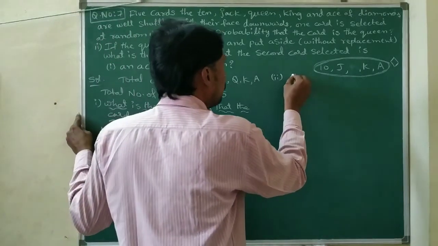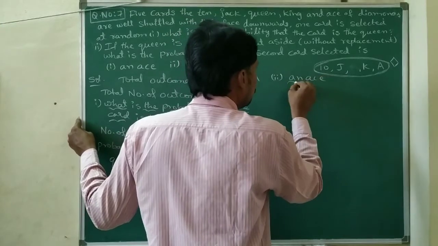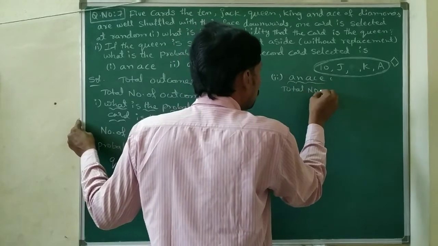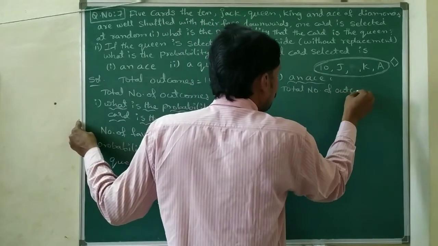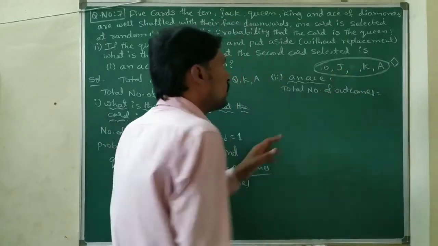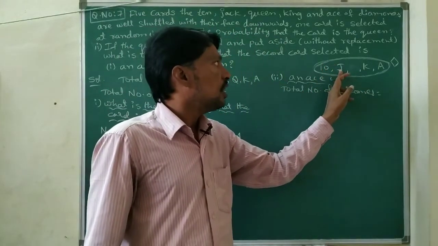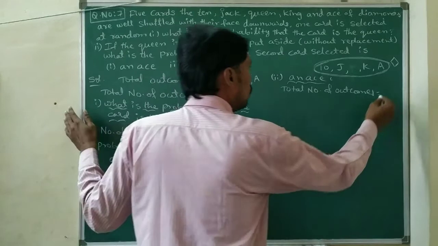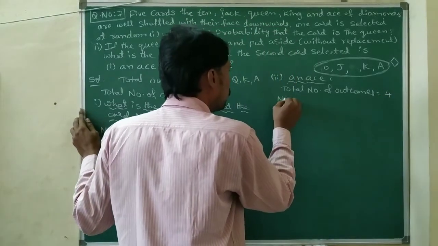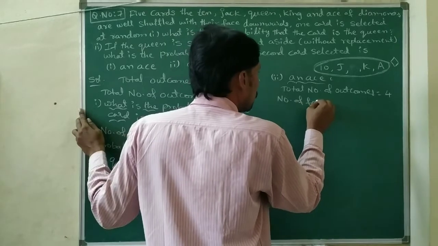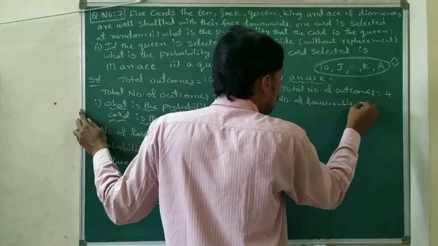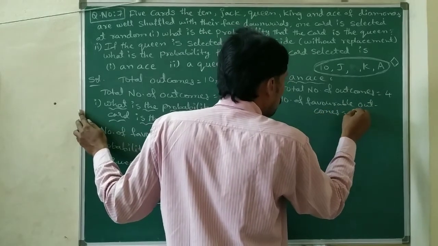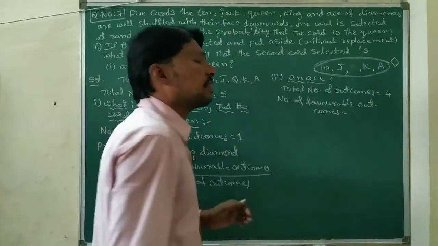So second one, an ace. So total number of outcomes in this: only 10, Jack and King, Ace. Queen we took outside. So that equal 4. Number of favorable outcomes equal, how many diamond ace cards will be?